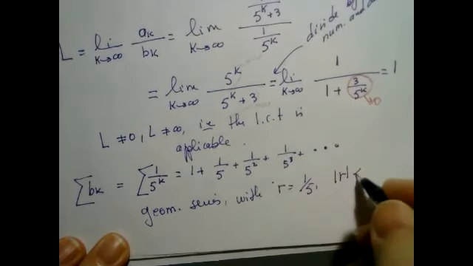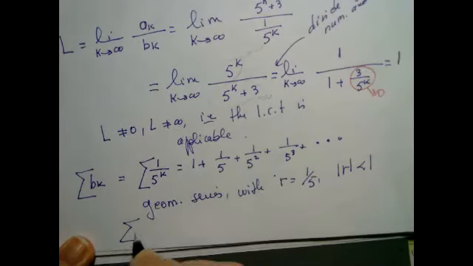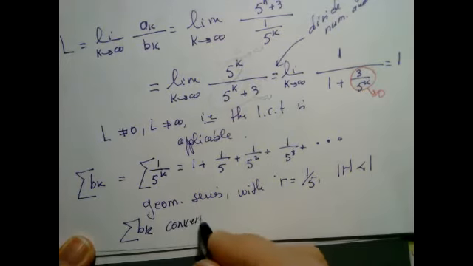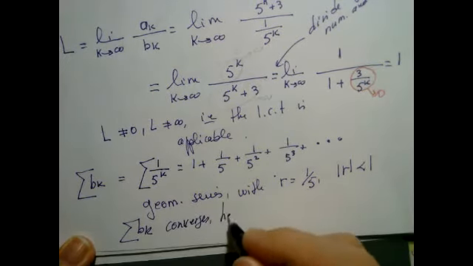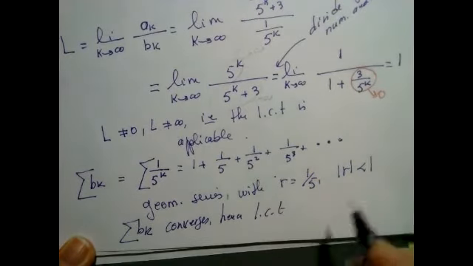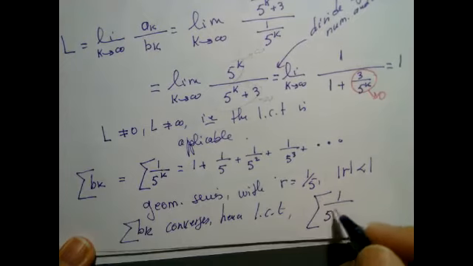Since the ratio is less than 1, sigma BK converges. Hence, by the limit comparison test, our original series will converge as well.